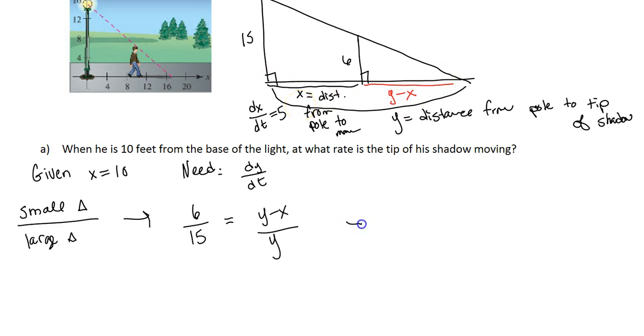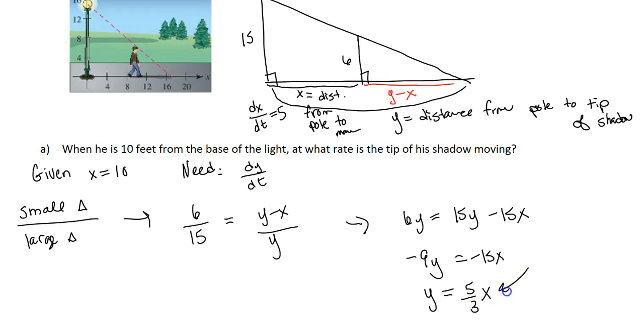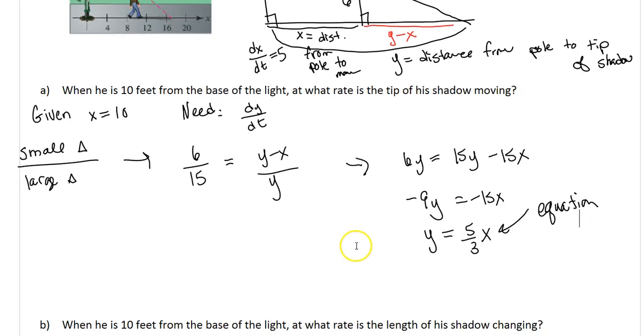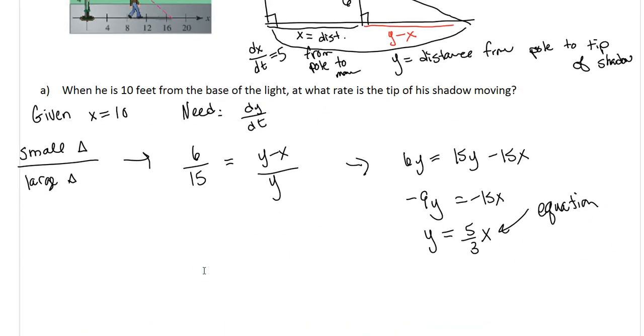And if I cross multiply, that gives me that 6y equals 15y minus 15x. Or that negative 9y, if I subtract the 15y, is equal to negative 15x. Or I get that y equals 5/3 x. So this is going to be my equation for this problem. So now what I have to do is take the derivative with respect to t of both sides of it.